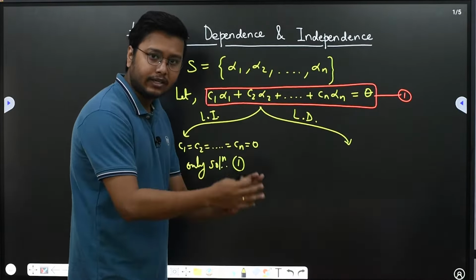Now you can observe that if by chance T becomes dependent, then see what will be the problem. Think of it the other way round. If T is linearly dependent, then S is a superset of T, right? So if T is dependent, we have already proved that if I take the superset, a dependent set has to remain dependent.